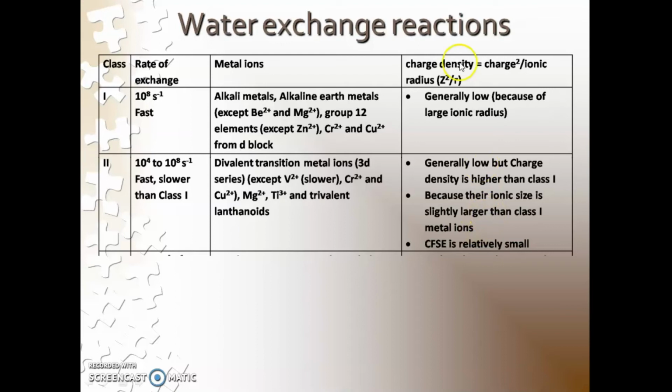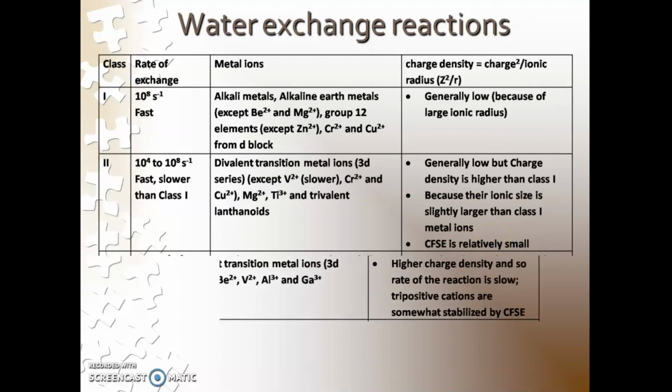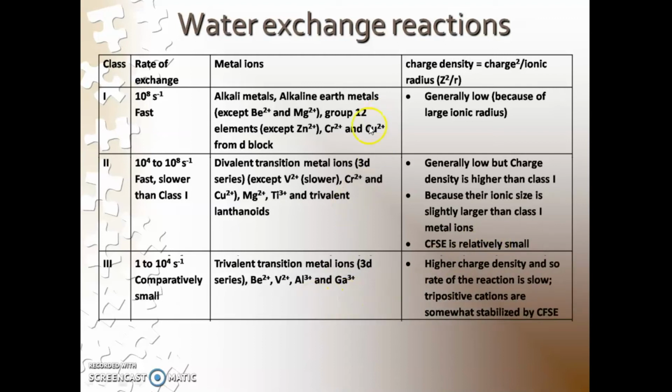When the ionic size is large, the charge density will be low. But the charge density here is higher than the class 1. That is why even though they are supposed to be a very fast exchange reaction, the rate of the reaction is slower than the class 1. The CFSE values are also relatively small for these metal ions.